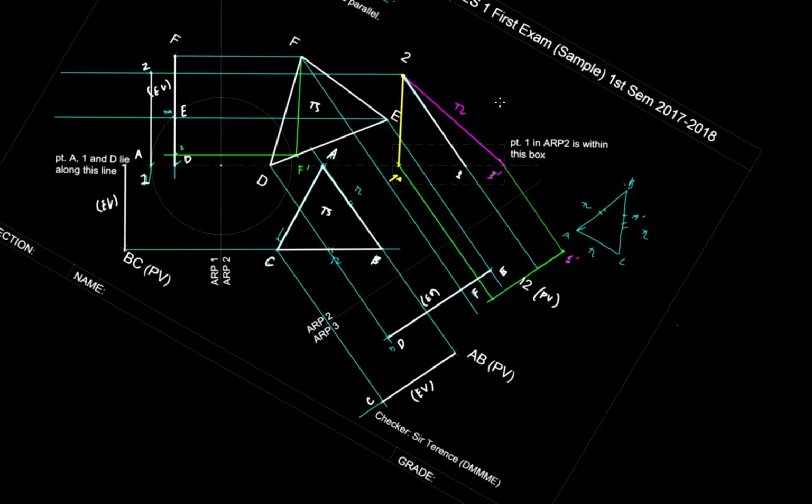Imposible kasi na magkaroon ka ng edge view tapos meron kang line that apparently looks parallel to it pero hindi siya truly parallel to it. It won't happen, no? If naka-edge view yung isang plane and there is a line that apparently looks parallel to it, then in all views it should look parallel to it, and it is truly parallel to it.